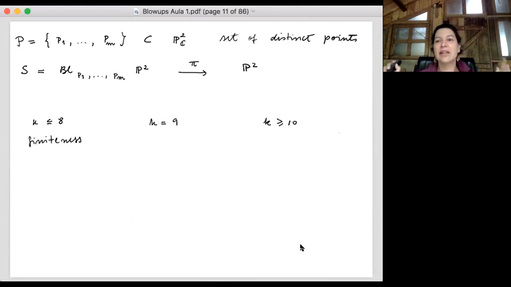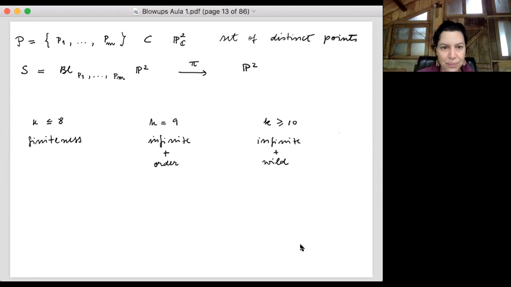I was calling the number of points m. Roughly speaking, the first case, m less than or equal to 8, is a finite case, as we will see. The case when m equals 9 is an infinite situation, but where we still have some order. And when the number of points is greater than or equal to 10, then you have infinite and wilder behavior. This corresponds to the behavior of the canonical class.